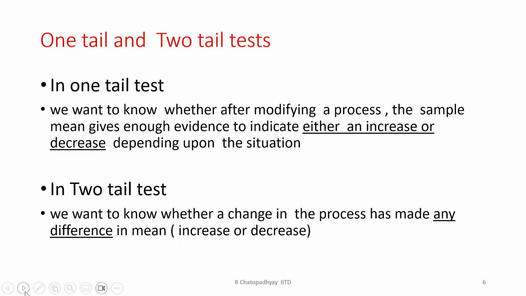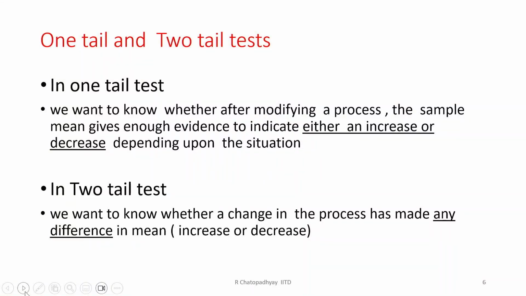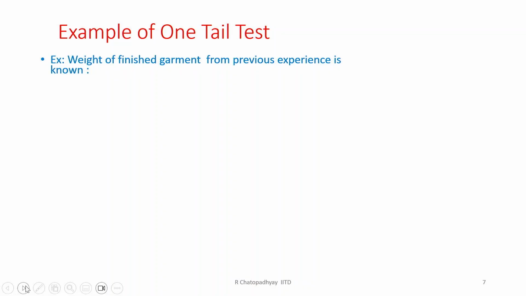So there is a difference between these two, the one-tailed test and the two-tailed test. As we take up an example, it will be more clear. We start with a one-tailed test example. The weight of a finished garment, the same example we start with.